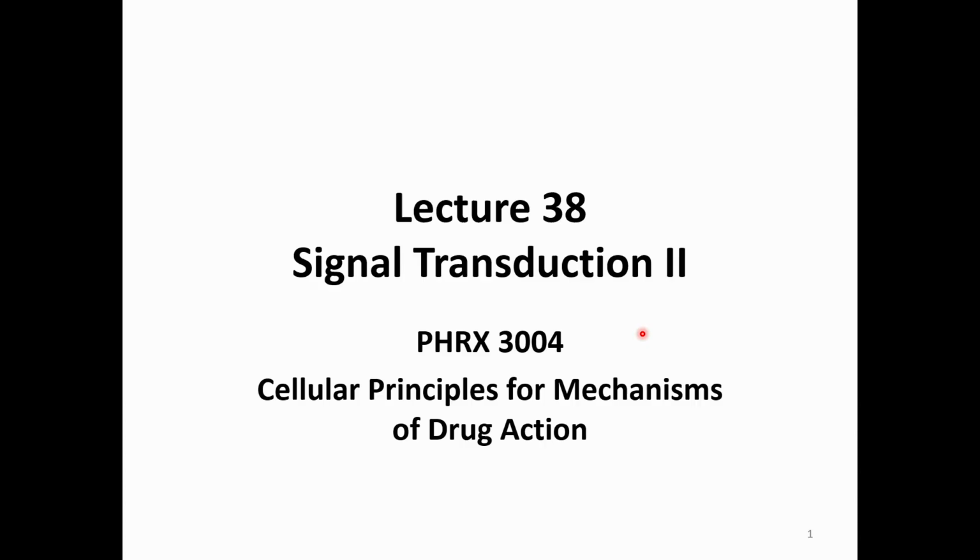From what you've learned about signal transduction so far, the easy part is understanding that ligands and drugs bind receptors, and then all of these things happen within the cell, engaging G proteins, different types of G proteins associated with different receptors, then activating effector enzymes, which generate second messenger molecules, kinase cascades, ultimately activating transcription factors in the nucleus.